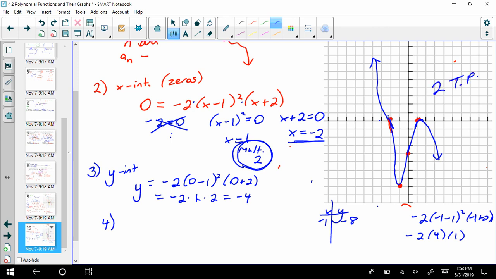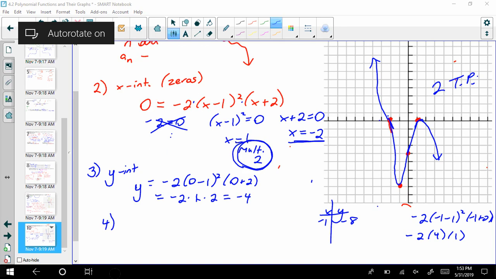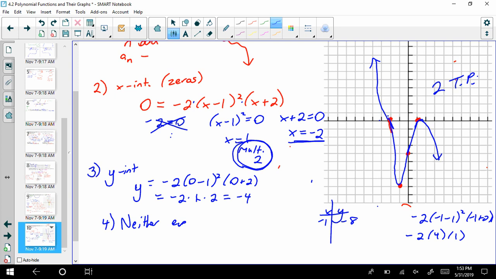It had 2 turning points, and that makes sense because our highest exponent was 3, and it's 1 less. We can also go back to number 4 and see that, whoops, this graph does not have any type of symmetry, so it turns out this would be neither even or odd. It doesn't have symmetry, so that wouldn't have helped us anyway to graph it.